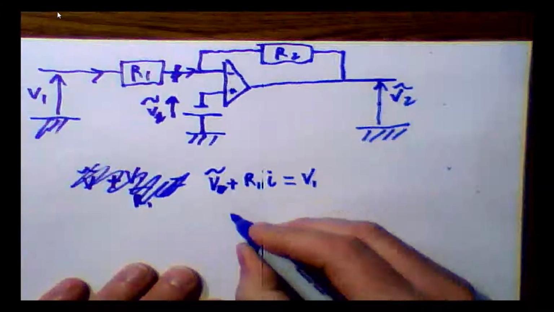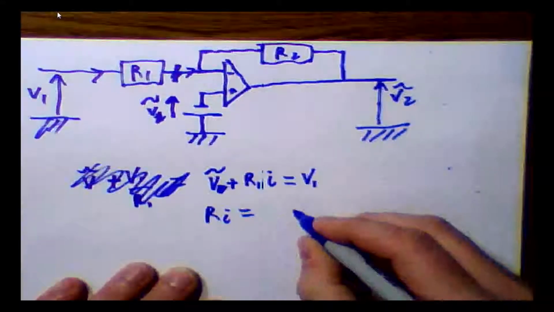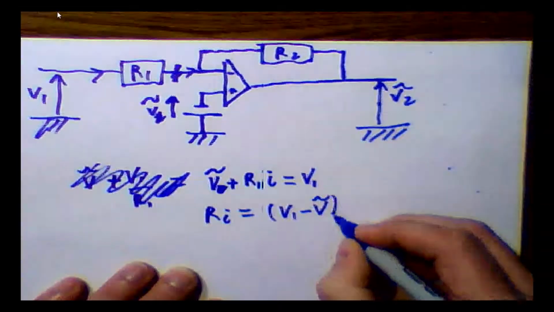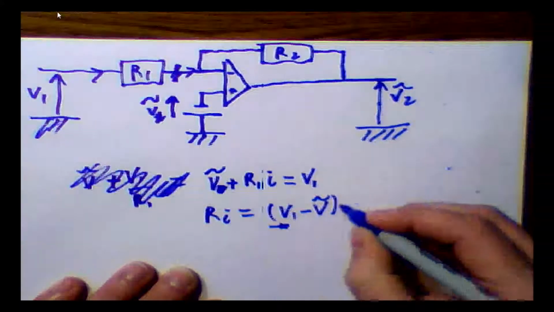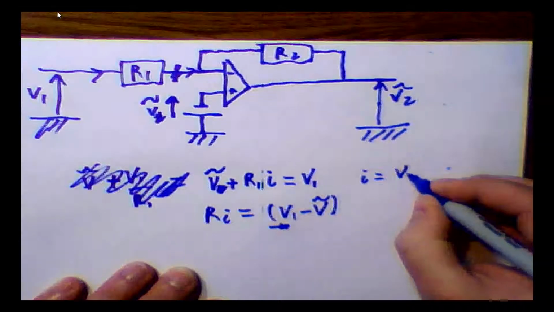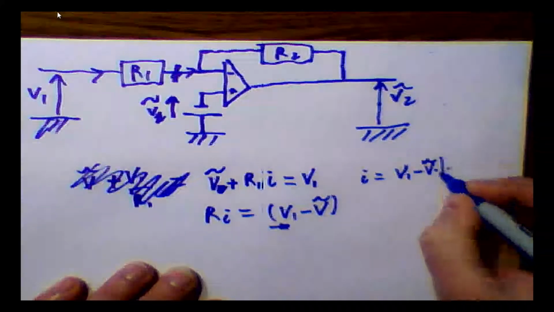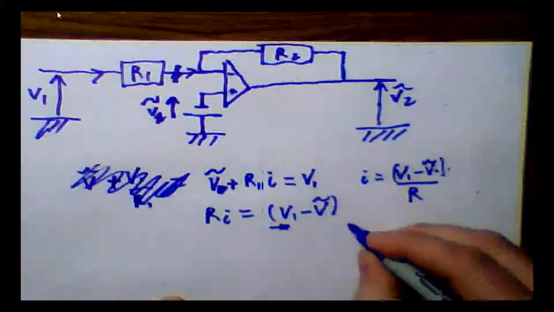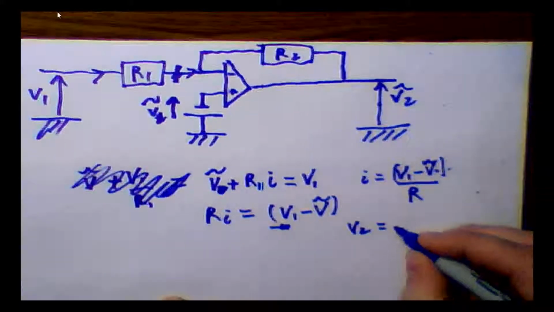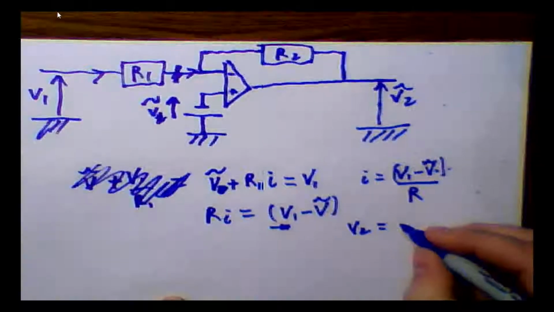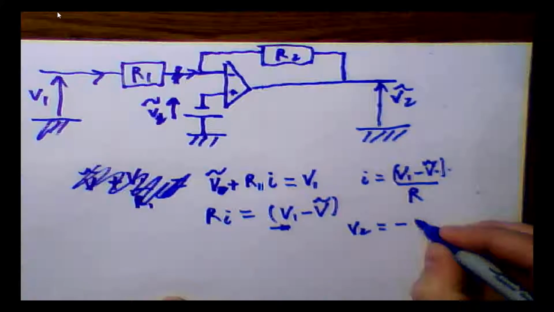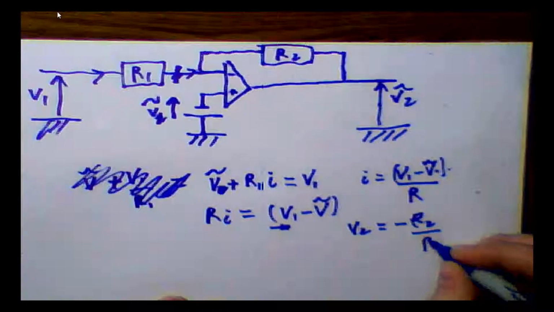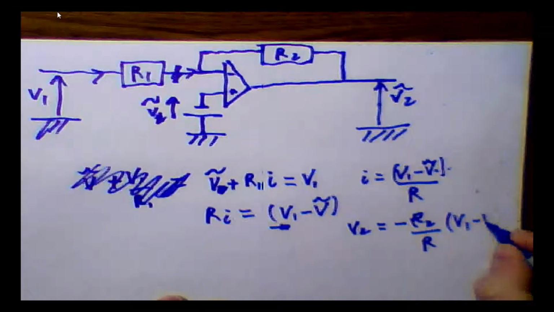Therefore, R1 times I is equal to V1 minus V tilde, and I is equal to V1 minus V tilde divided by R1. Now V2 is equal to minus R2 times I. Therefore, V2 is equal to minus R2 divided by R1 times V1 minus V tilde.